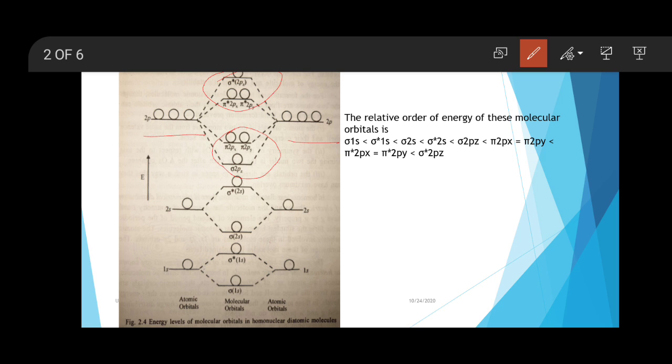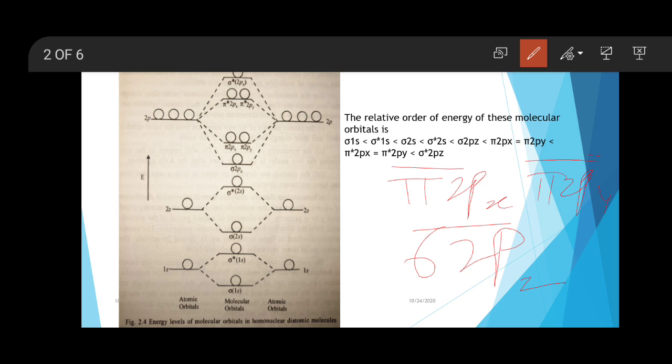Now once the bonding and anti-bonding molecular orbitals are formed, remember, sigma 2pz is lower in energy, while pi 2px and pi 2py are higher in energy. Why?